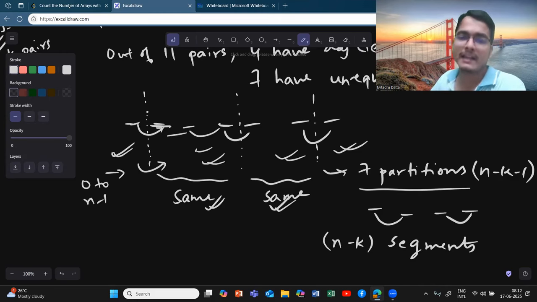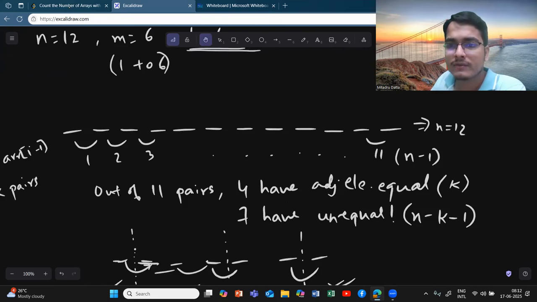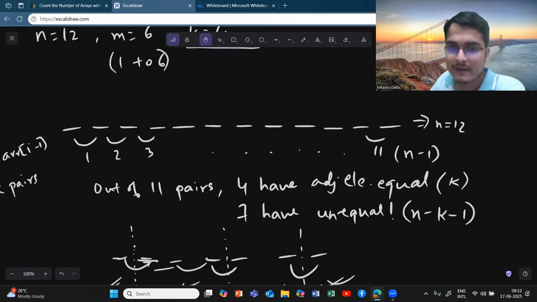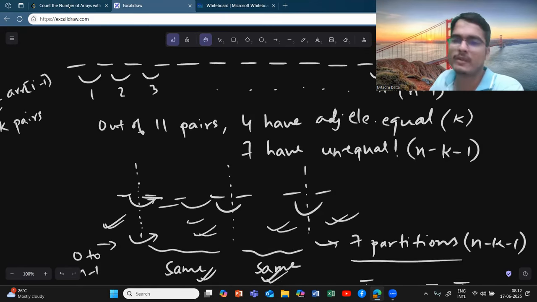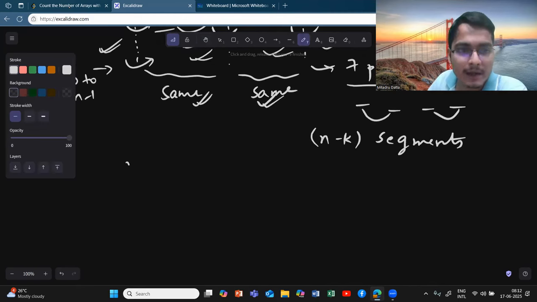Now you try to tell how many ways can I select the partitions? Out of these n minus 1 total pairs, I have to select n minus k minus 1 pairs which have equal numbers, or I can select k pairs, whatever. So out of these n minus 1 pairs, I can select n minus k minus 1 pairs.